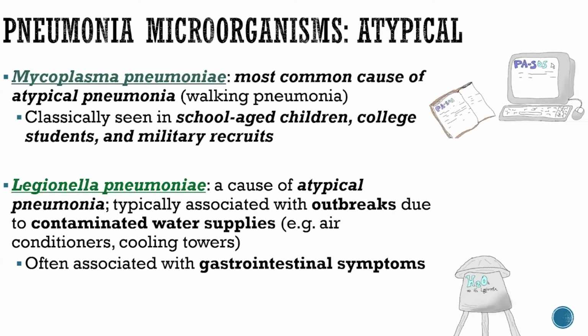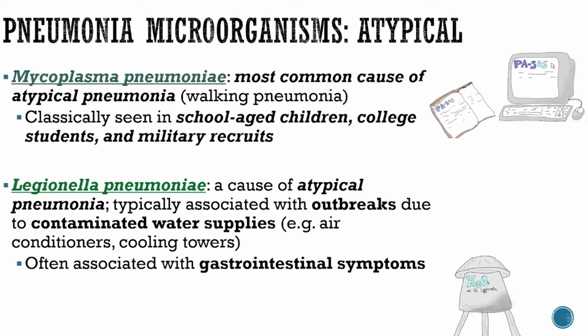We've talked a lot about the typical pneumonia pathogens. And remember, typical pneumonia pathogens are pathogens that cause your very classic typical pneumonia symptoms, which we'll talk about shortly. Atypical pneumonia pathogens are pathogens that cause very odd or different symptoms from your classic pneumonias. Mycoplasma pneumoniae is the most common cause of atypical pneumonia.